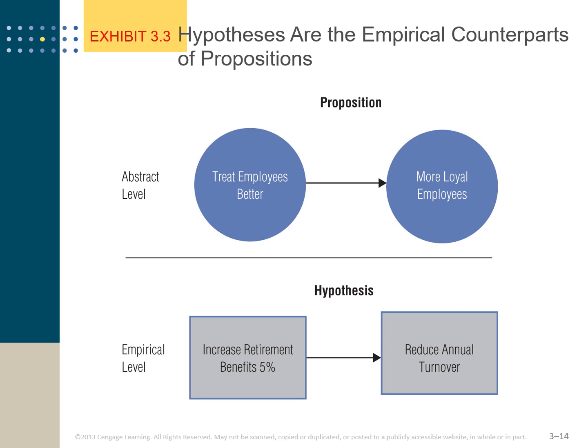So, when we say that hypotheses are the empirical counterparts of propositions, we mean that they translate theoretical logic into measurable evidence. This relationship is what connects theory and data. Theory provides the reasoning, while empirical testing provides the proof. Together, they form the scientific foundation of business research.